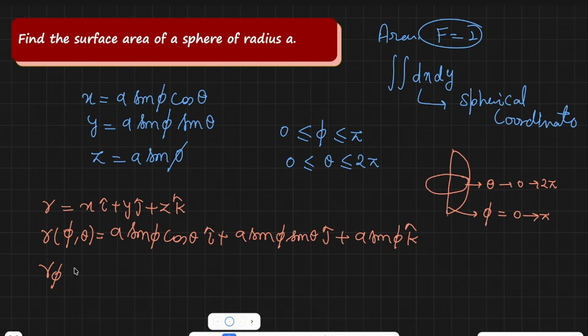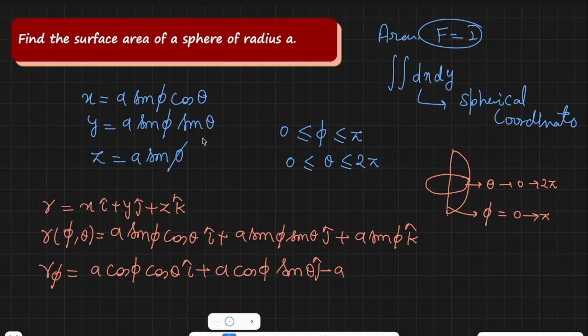So the derivative of r with respect to phi is going to be a cos phi cos theta i cap, since the derivative of sin phi is cos phi. Again a cos phi sin theta j cap, and then minus a sin phi k cap.